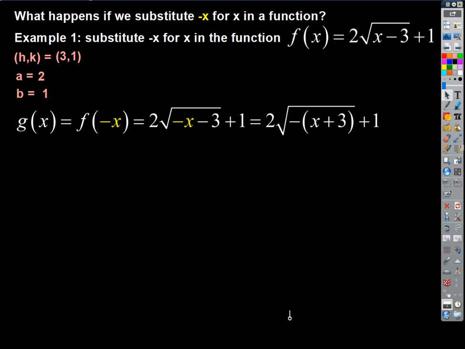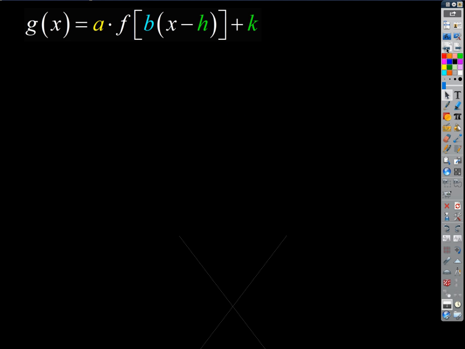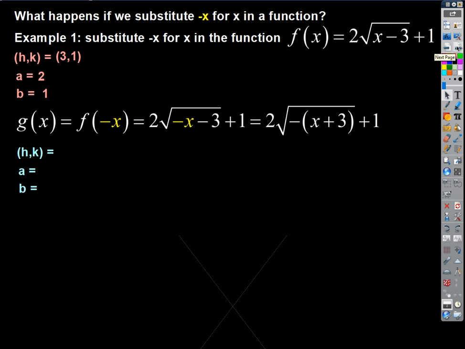Well, let's look at the template. h is always the number that's being subtracted from x, right? So over here, what's the number that's being subtracted from x? Well, 3 is, right? So h was 3.